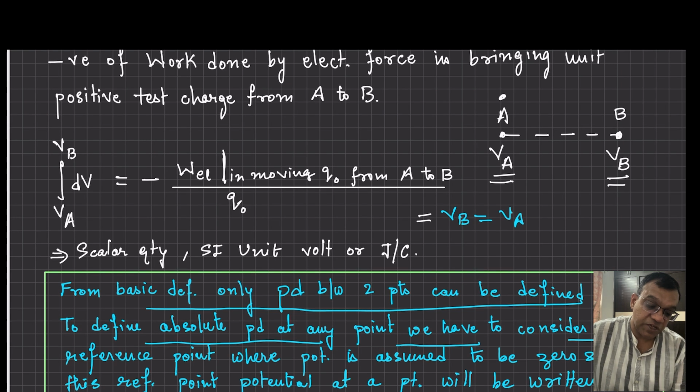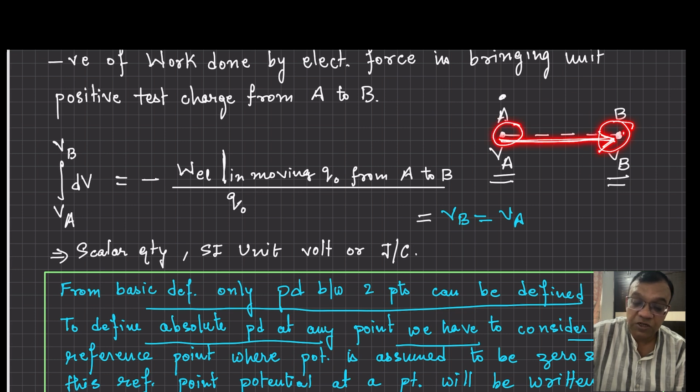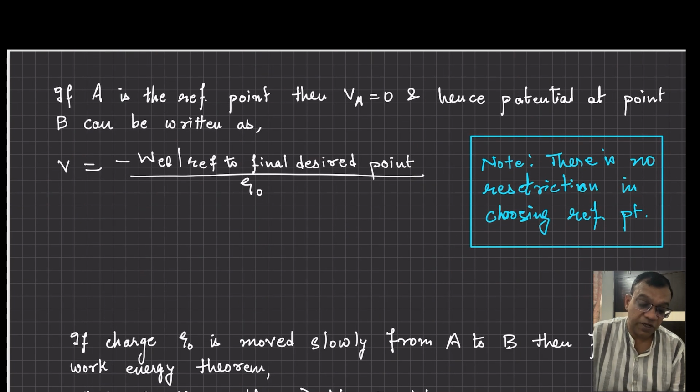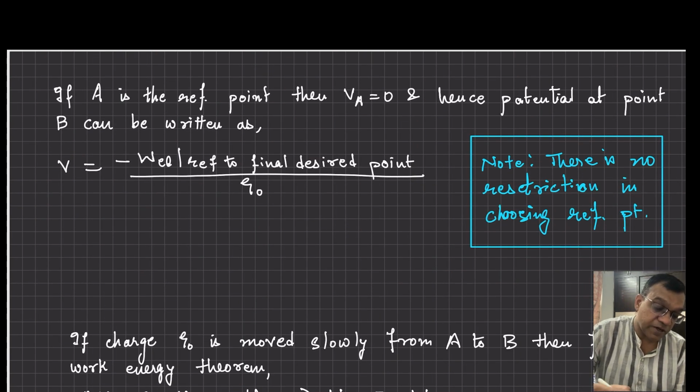So if among these 2 points, A is the reference point, then the absolute potential at point B is defined as the negative of work done in taking the unit positive test charge from the reference point to the desired point. So we can define it in this way, and the expression is written here.